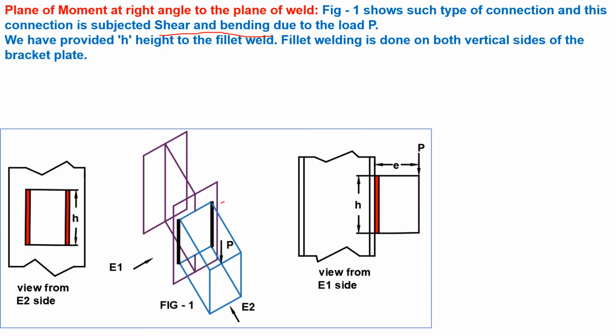This is height H. Fillet welding is done on both vertical sides. We also do it all around the edges of the bracket, but in this case we have to provide welding on both vertical sides.